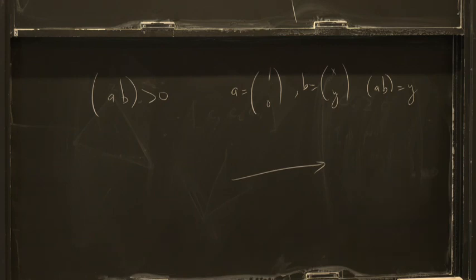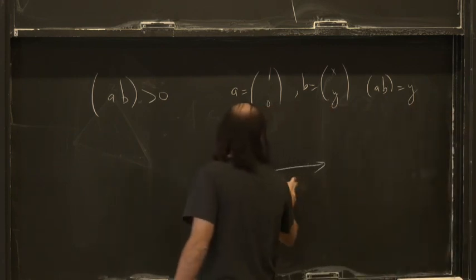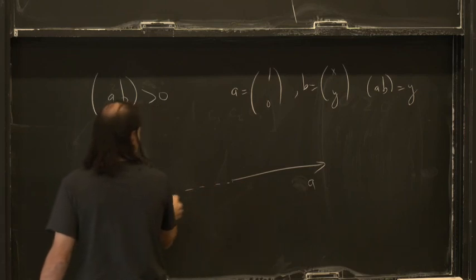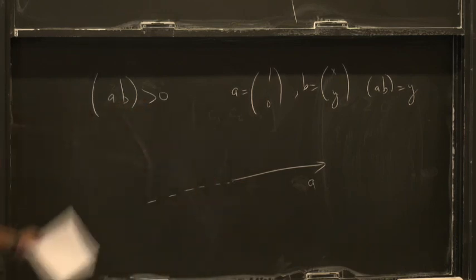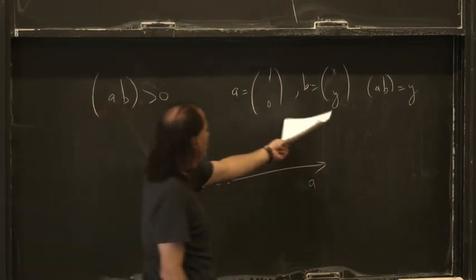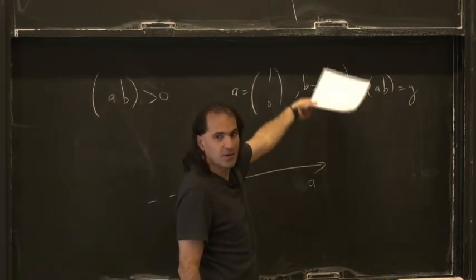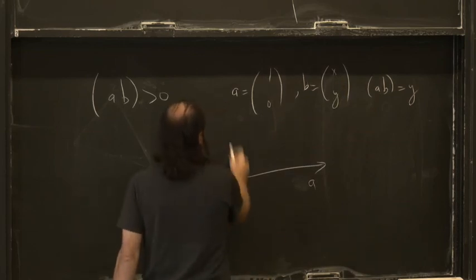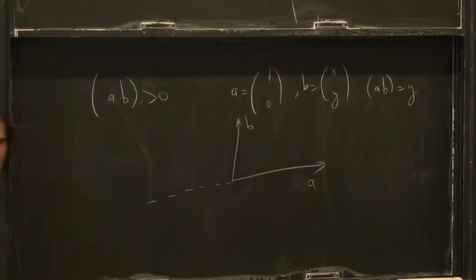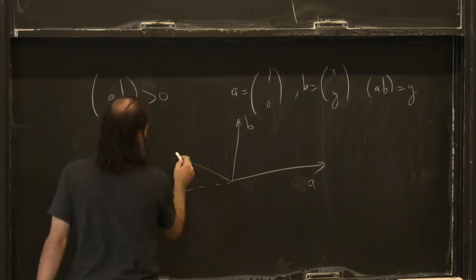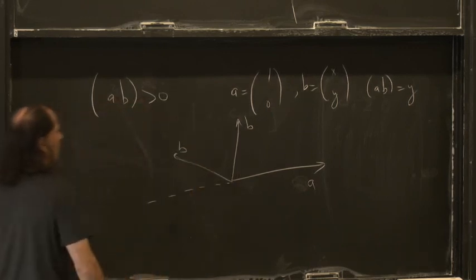If this is the x-axis, B has to have a positive y coordinate. So B has got to be somewhere up here, there, or there, but it can't be here.